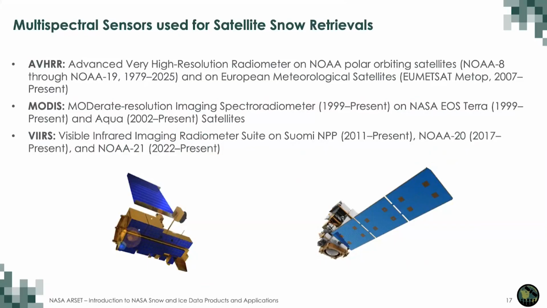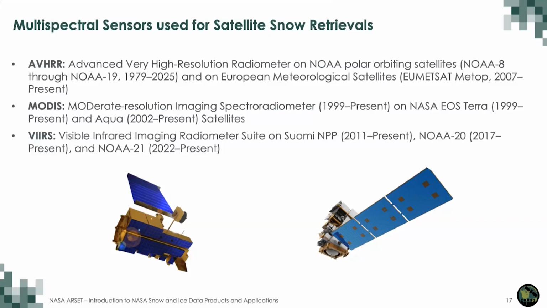Before we get into that more, the multispectral sensors that are used for snow retrievals that cover the visible out through the near infrared and shortwave infrared, there's been 3 main families of sensors. The original, going back to 1979, is AVHRR, Advanced Very High Resolution Radiometer on NOAA polar orbiting satellites.